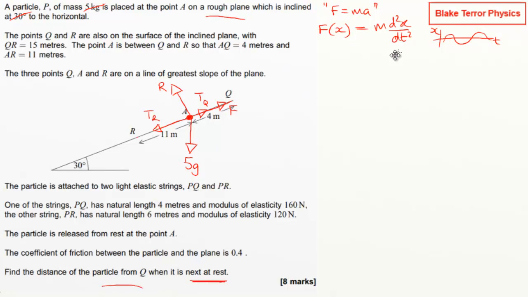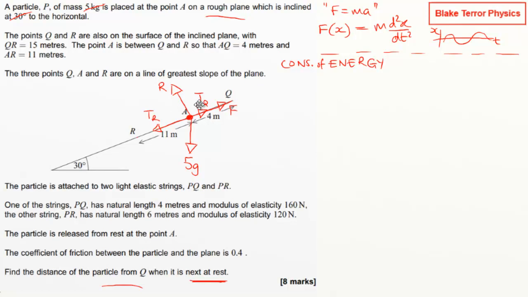So we don't need to go into that level of detail just to find out when something's at rest, because instead, we can look at energy. Or more to the point, we can look at conservation of energy. And that will just make things that little bit easier.